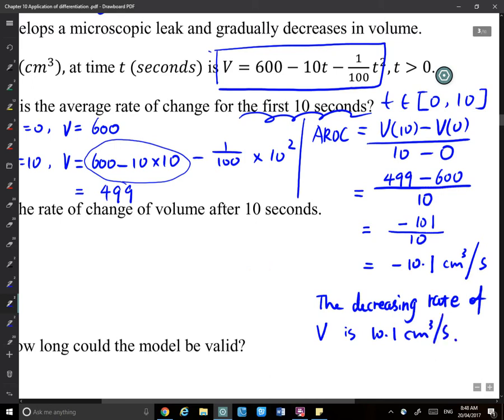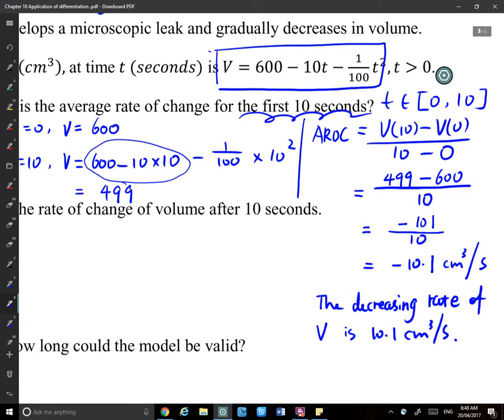The negative is not always there. If I ask you what's the rate of change and to explain your answer, you can't keep the negative there. The negative only tells you it's decreasing or reducing, so you need to emphasize it's a decreasing rate.